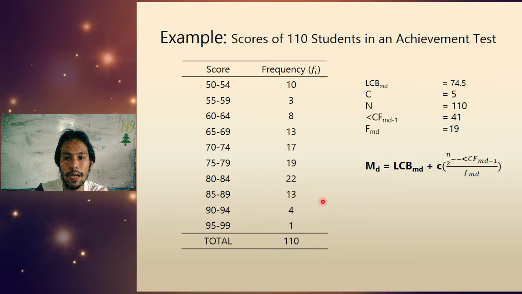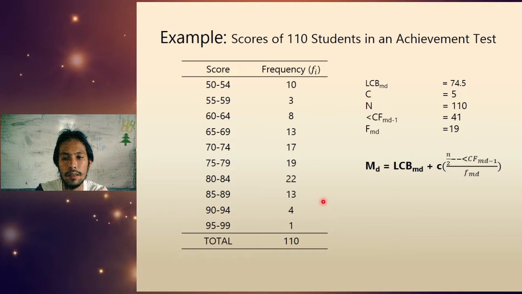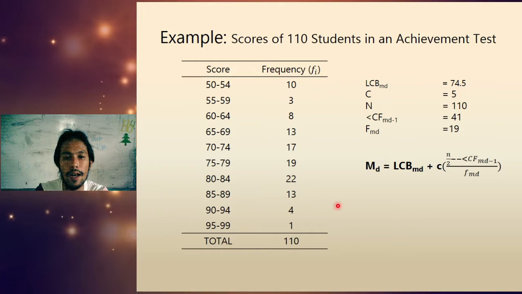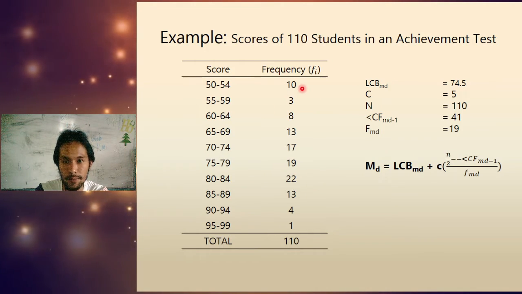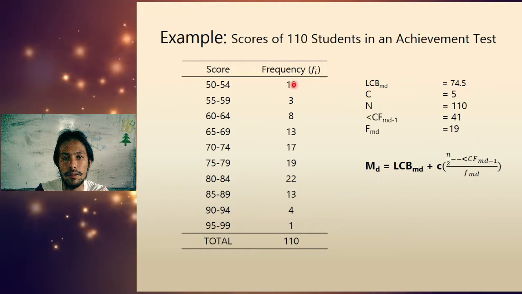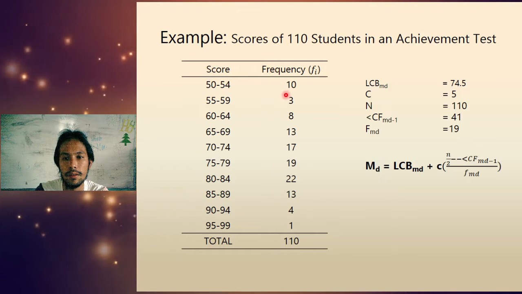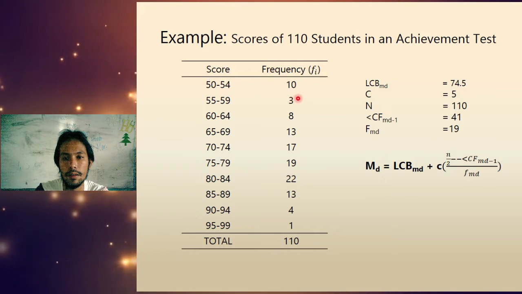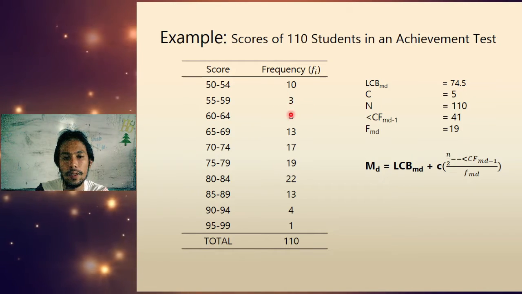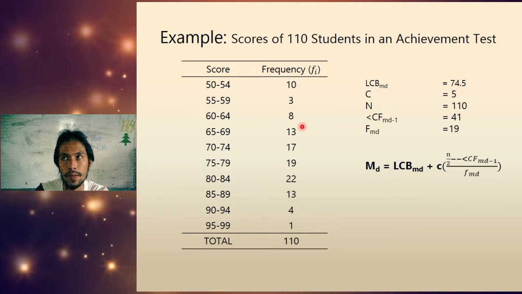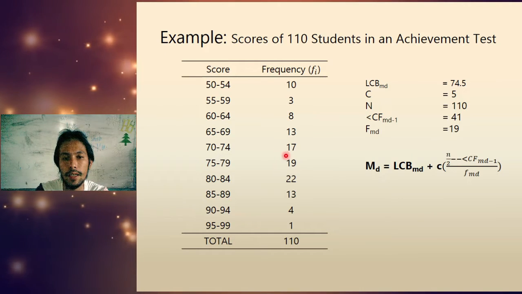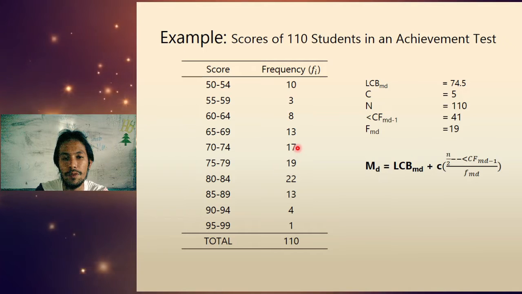Then we look in our data for the frequency where 55 falls. So 10 plus 3 plus 8 is 21, plus 13 is 34, plus 17 is 51.